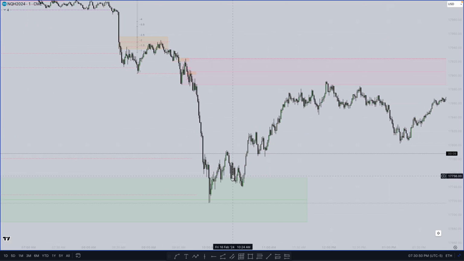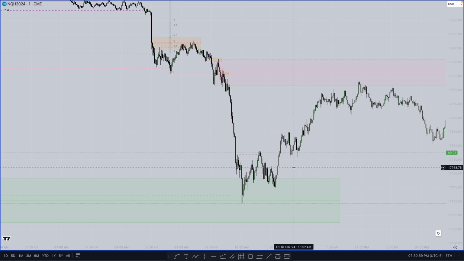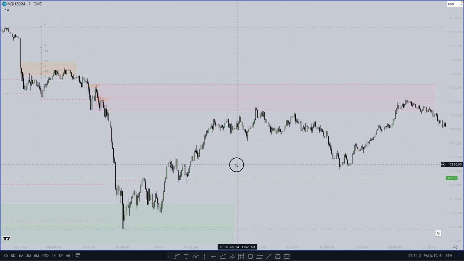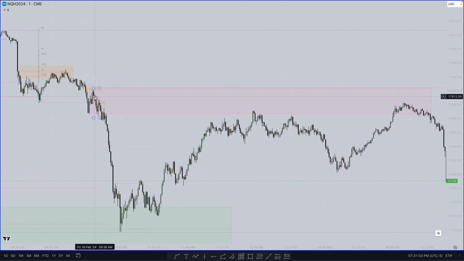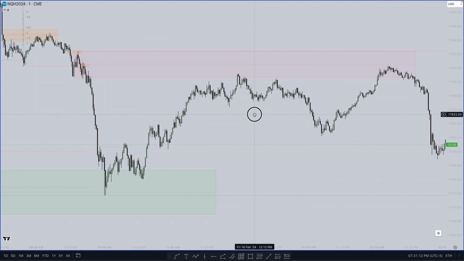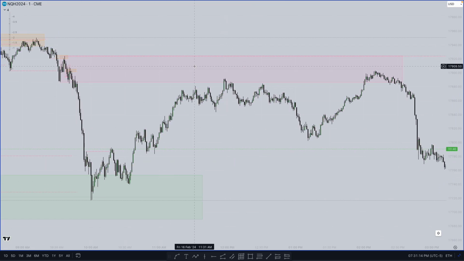Order flow has not changed on the higher time frame, but to me, this is where the order flow changes for a retracement. Because like I said, until this high and this high get broken, you're not actually looking for a higher time frame order flow change. And so you're looking for a retracement to short it until this gets broken, and then that gets invalidated.